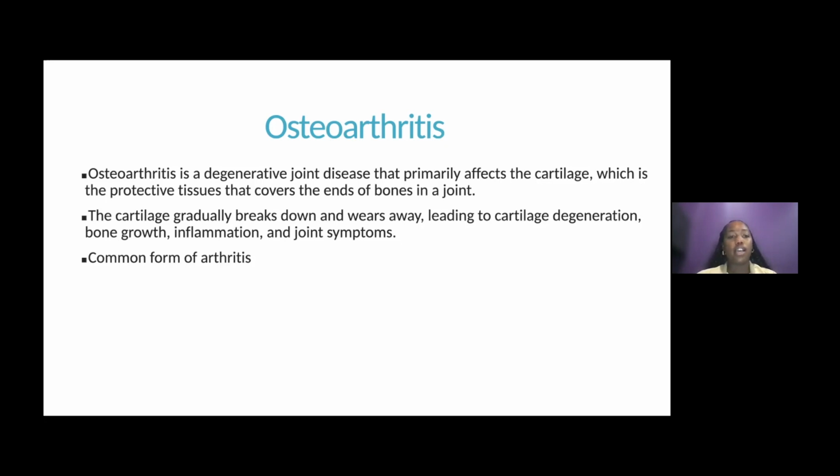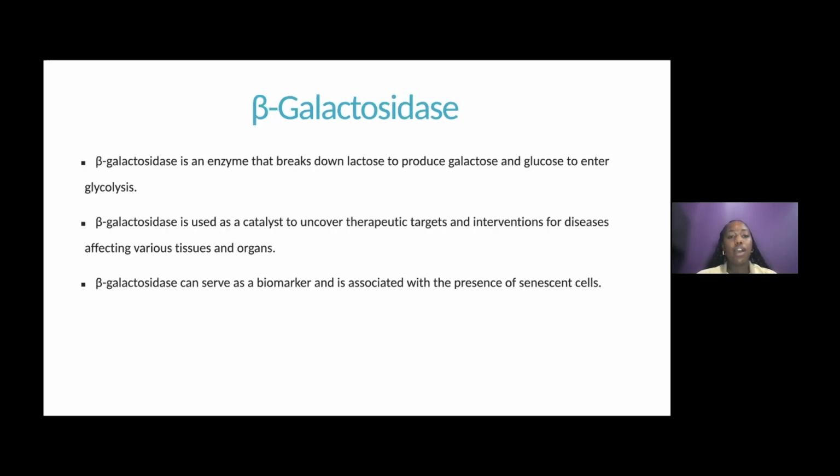Osteoarthritis is a common form of arthritis and is most commonly developed in people as they age. Beta-galactosidase is an enzyme that breaks down lactose to produce galactose and glucose to enter glycolysis. Beta-galactosidase is an important biomarker used to detect the presence of senescent cells and was also the main focus of my research paper.